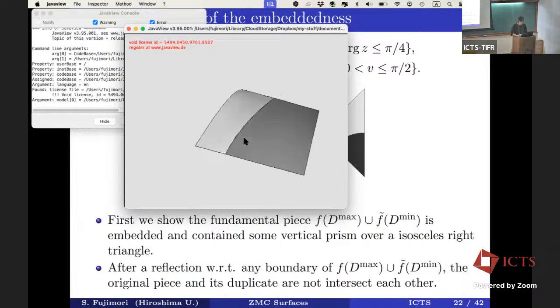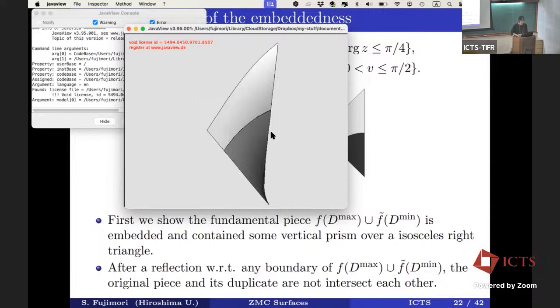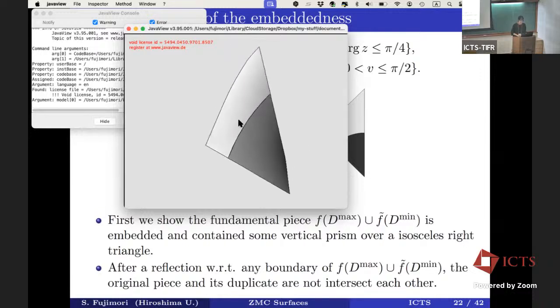So we have embeddedness over here. Then after suitable reflection, the fundamental piece is inside the prism, and the prisms do not intersect each other. So we can see the surface is really embedded.